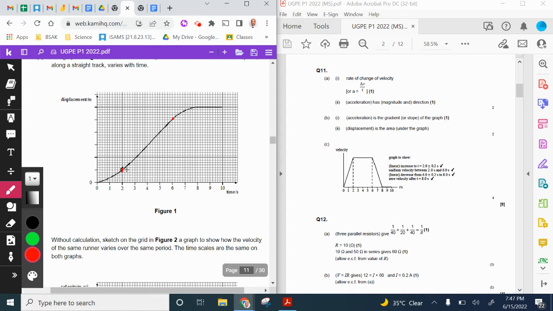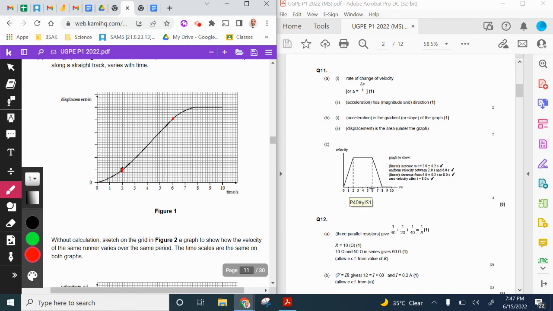You could argue that it's slightly later than 2 seconds, or slightly before 6 seconds. And a straight line on a displacement time graph signifies constant velocity. Okay, so we are looking for a straight line between 2 and 6 seconds horizontally across like that. Because the gradient is constant, so the velocity is constant.